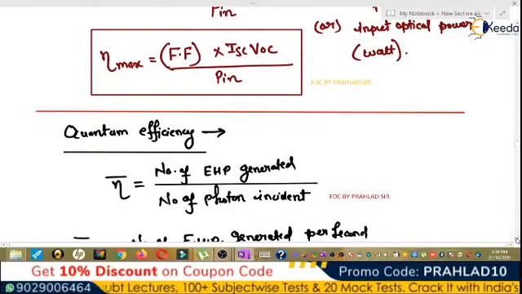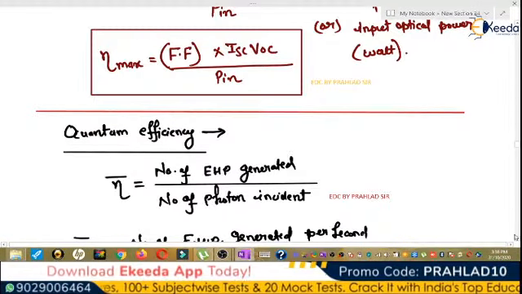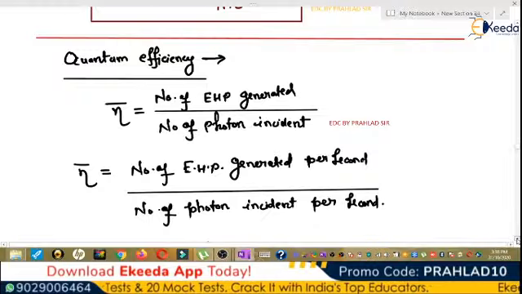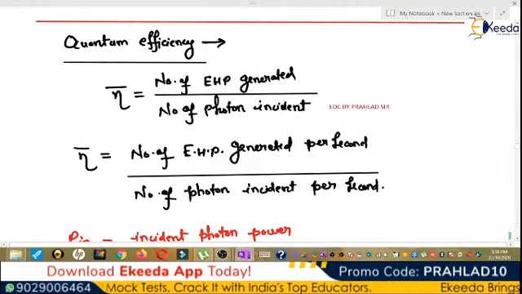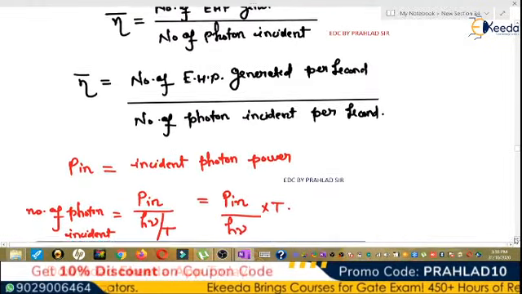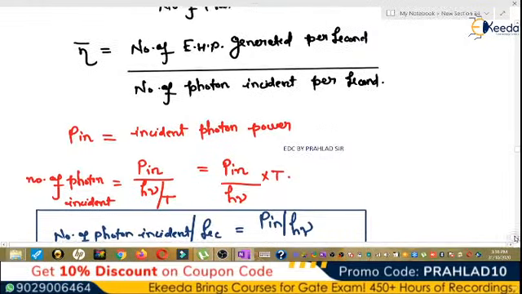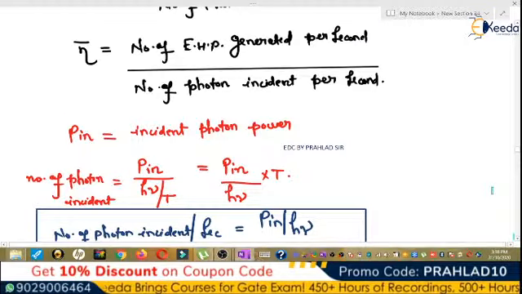And another parameter is quantum efficiency. Quantum efficiency is defined as the number of electron-hole pairs generated divided by the number of photons incident, both per second. P in is the incident photon power.